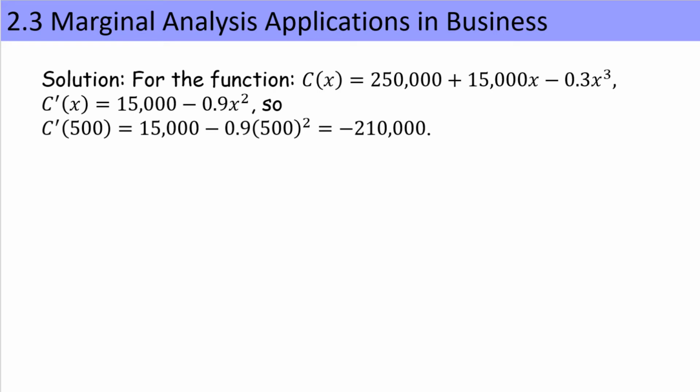Solution: for the function C(x) = 250,000 + 15,000x − 0.3x³, the marginal cost function C prime of x, which is just the derivative, is as follows. The derivative of 250,000, the constant, is 0. The derivative of the next term, 15,000 times x, is 15,000, minus the derivative of 0.3 times x cubed; we bring down the 3 and multiply it by the 0.3. That'll give us 0.9x, and 3 minus 1 is 2.